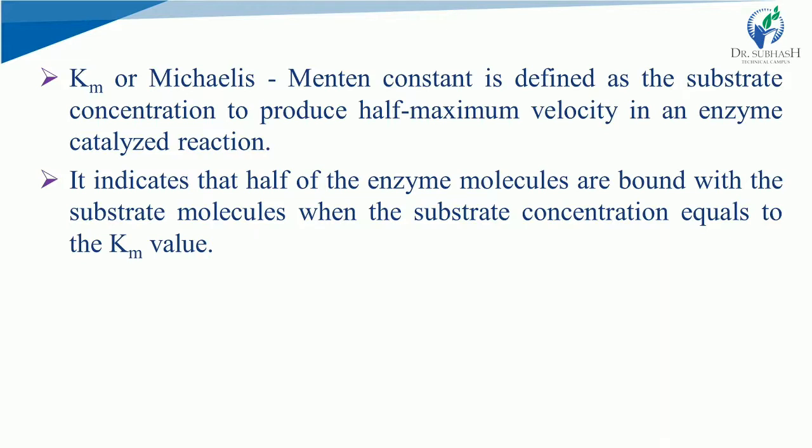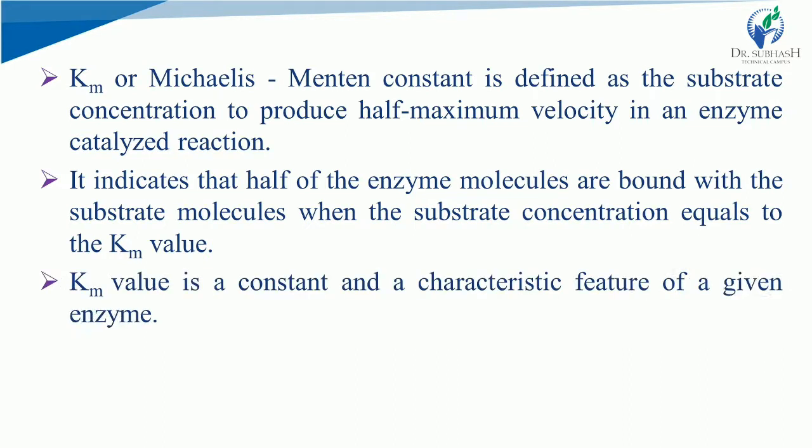So it is the substrate concentration to produce half maximum velocity, not full, in an enzyme catalyzed reaction. Km value is a constant and a characteristic feature of a given enzyme.